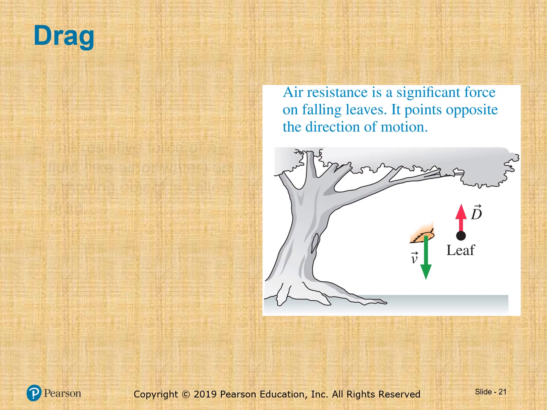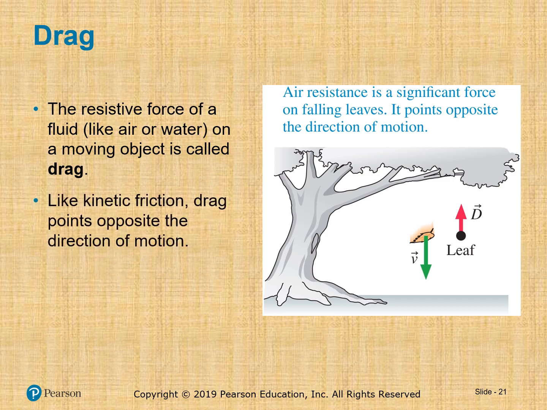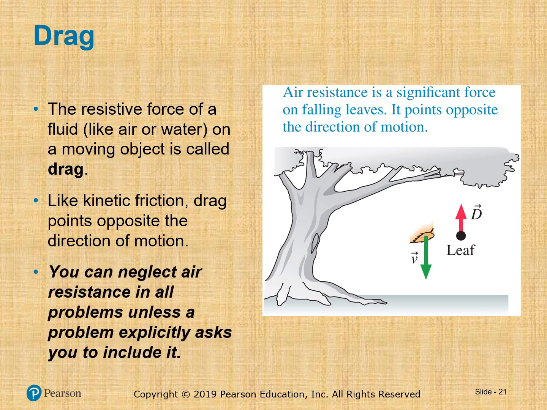It's the resistive force of a fluid, and fluid can be a gas like air, or water, or any other kind of liquid. Anything that flows on a moving object is called drag. So like kinetic friction, drag points opposite the direction of motion. You can neglect air resistance in all problems unless a problem specifically tells you not to.